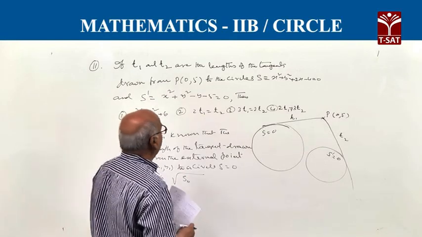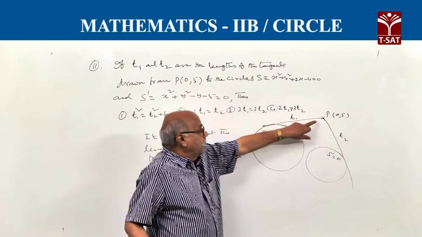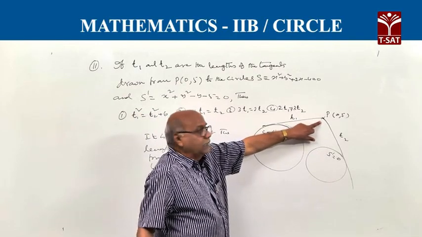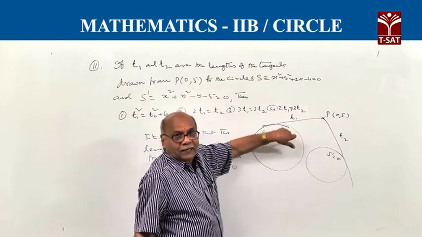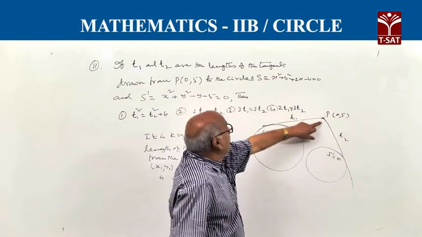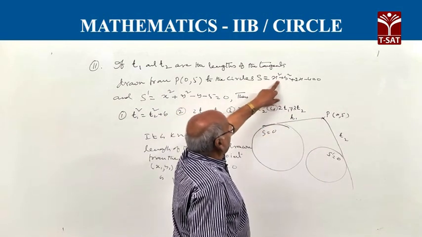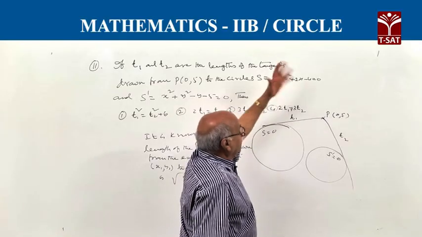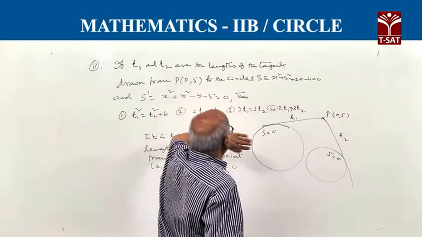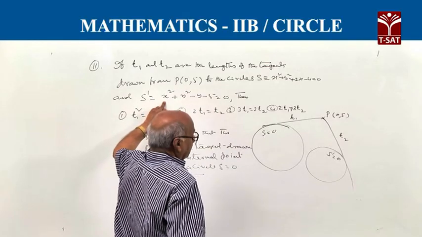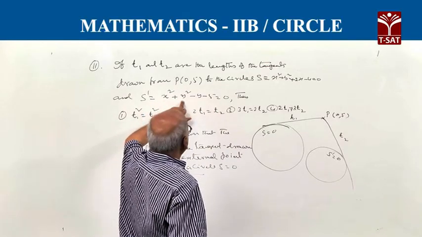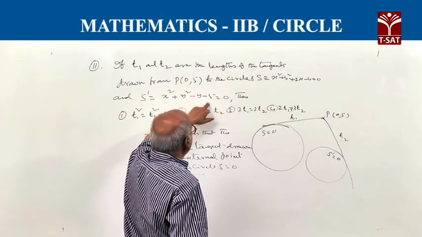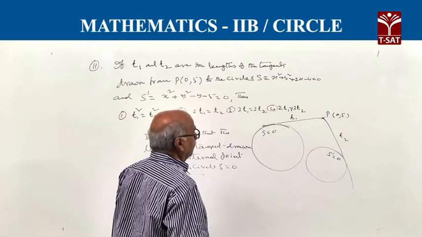Now, here you are given the point is (0, 5). See whether the point (0, 5) is external to both the circles or not. If you write (0, 5) here, 25 minus 4, 21, it is positive. And for this, 25 minus 10, 15, it is also okay.